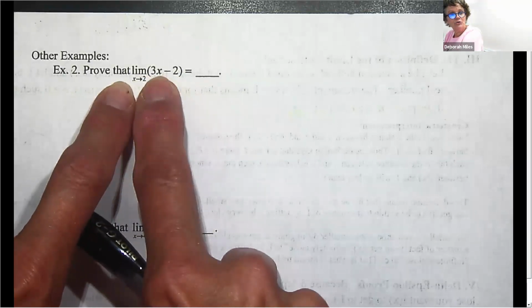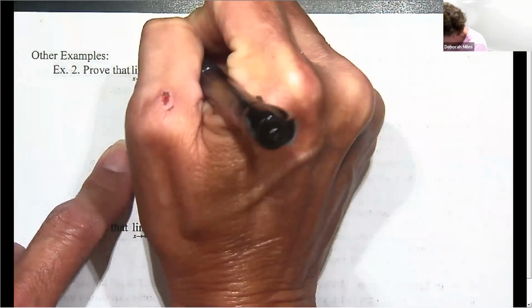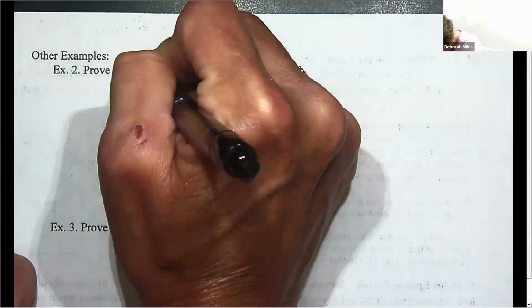If x is 2, then y would be 4. 3x minus 2 is my f of x. Which one of those is my c? C is what x is getting close to, and that 4 is my L.